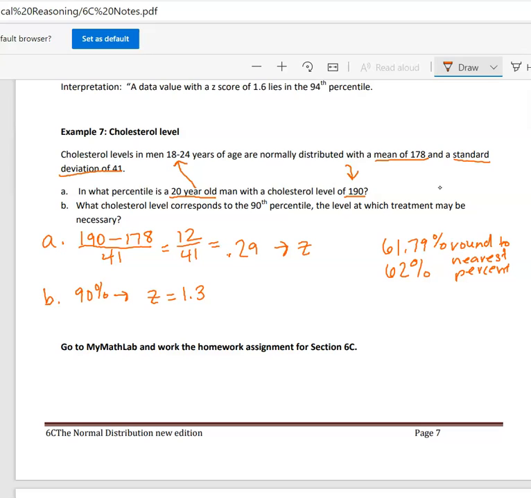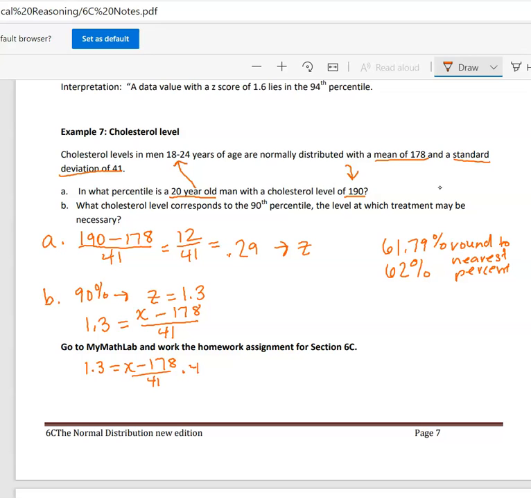Remember, the z-score is equal to our value, which we don't know this time because we're looking for it. It asks what cholesterol level corresponds to that. Our mean is still 178, and our standard deviation is still 41. So the first thing we would do is use some algebra to get the x by itself.